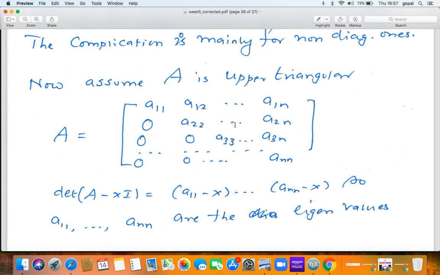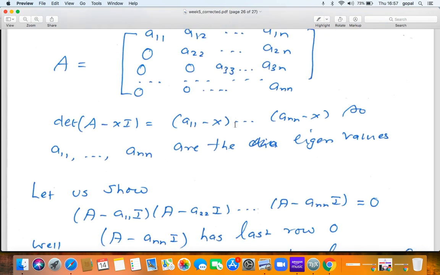What is the characteristic equation? No prizes for guessing: a11 minus x, a22 minus x, dot dot dot, ann minus x. So a11, a22, ann are the eigenvalues. Upper triangular matrices are easy. We want to make it a monic polynomial, so x minus a11, x minus a22, dot dot dot, x minus ann.